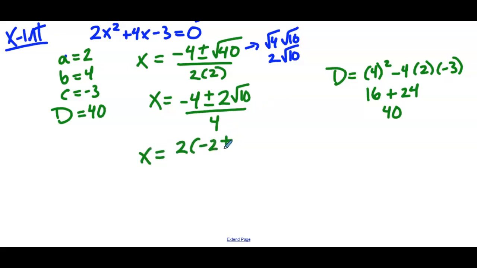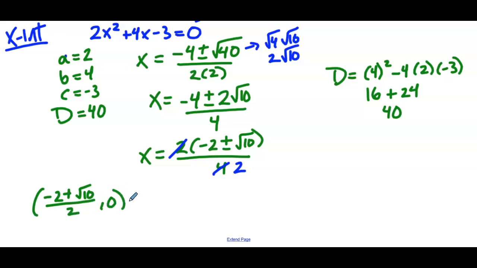That would be negative 2 plus or minus the square root of 10 over 4. The 2 and the 4 simplify. So that means our x-intercepts are at negative 2 plus the square root of 10 all over 2 comma 0, and negative 2 minus the square root of 10 over 2 comma 0.